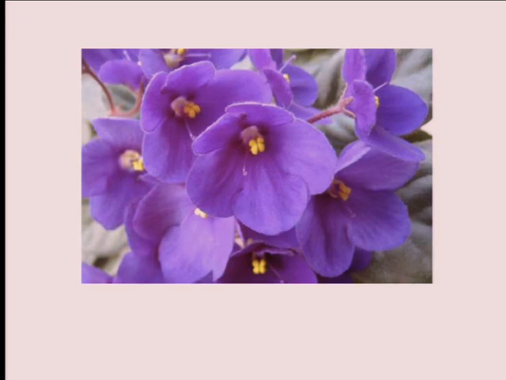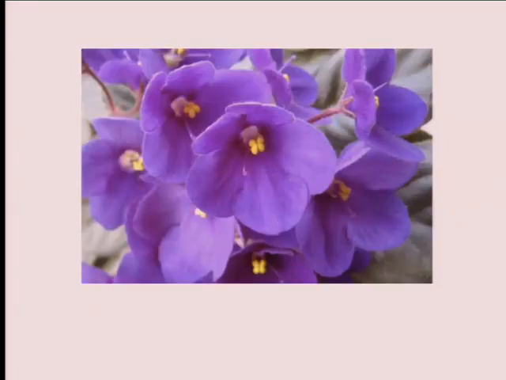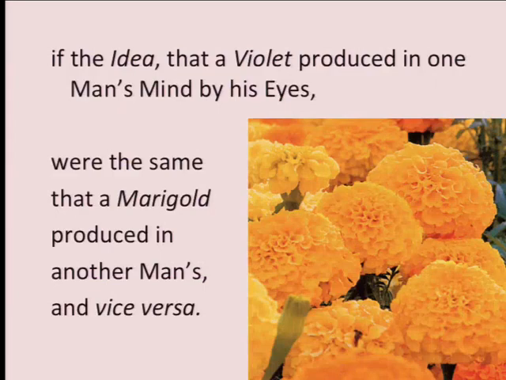If the idea that a violet produces in my head is the same as the idea that a marigold produces in your head, and vice versa. Let me see if I can do it the other way. The idea that the violet produces in your head is the same as the idea that the marigold produces in my head.